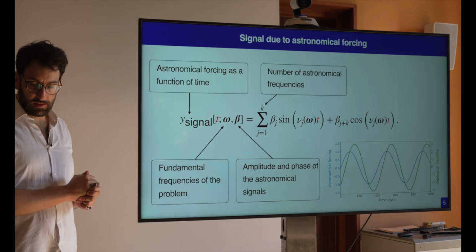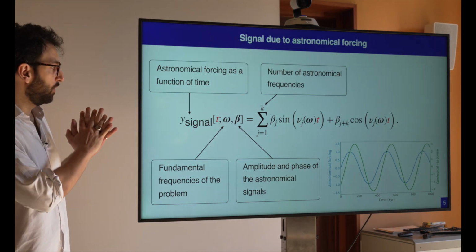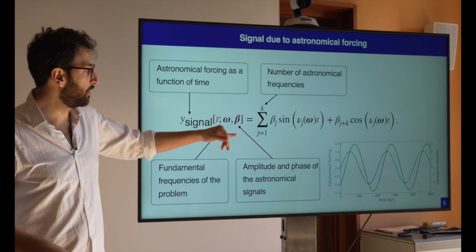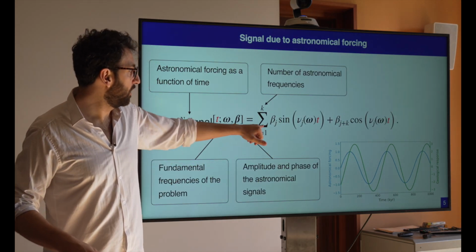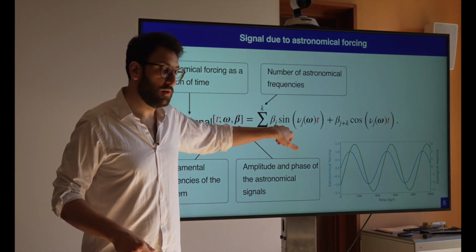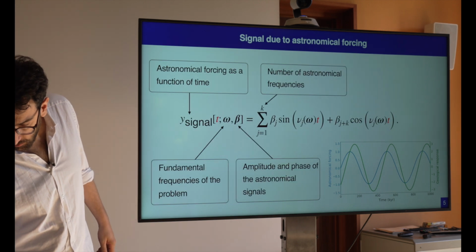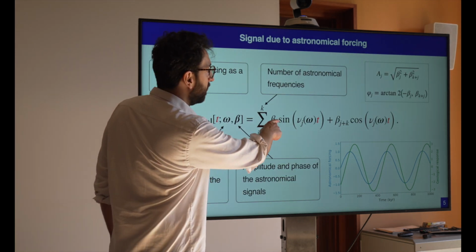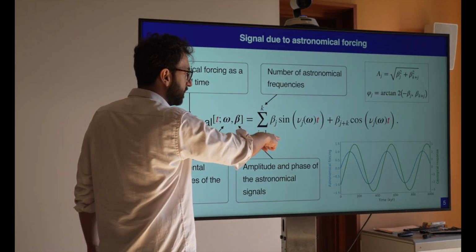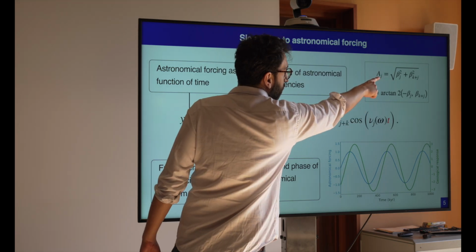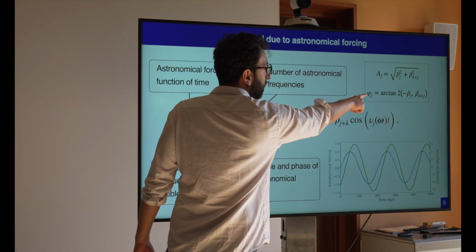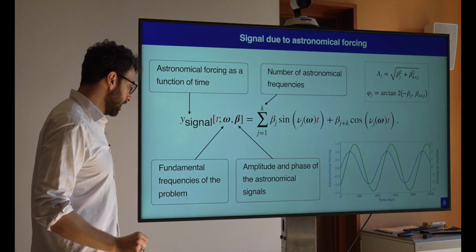The astronomical signal, we've seen that this is a sum of periodic functions, where here we encode the amplitude and the phase. So if you're not convinced, this is how you go from this representation to the amplitude of each frequency and the phase of each frequency.